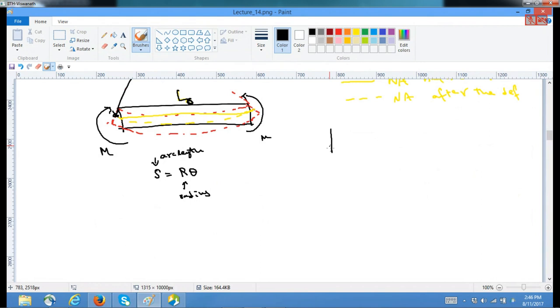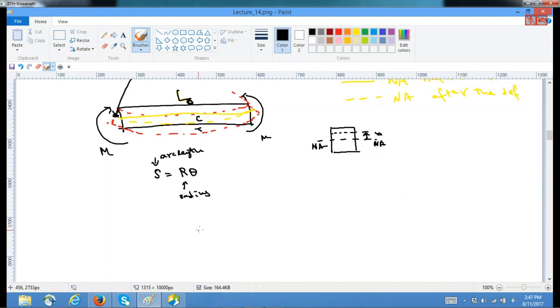In the cross section, this is your neutral plane or neutral axis, and I want to see what is happening to a fiber at a distance y. The fibers that are on top of the neutral axis have shrunk in size, whereas the fibers that are below are under tension, that means elongated. The fibers that are above are under compression.